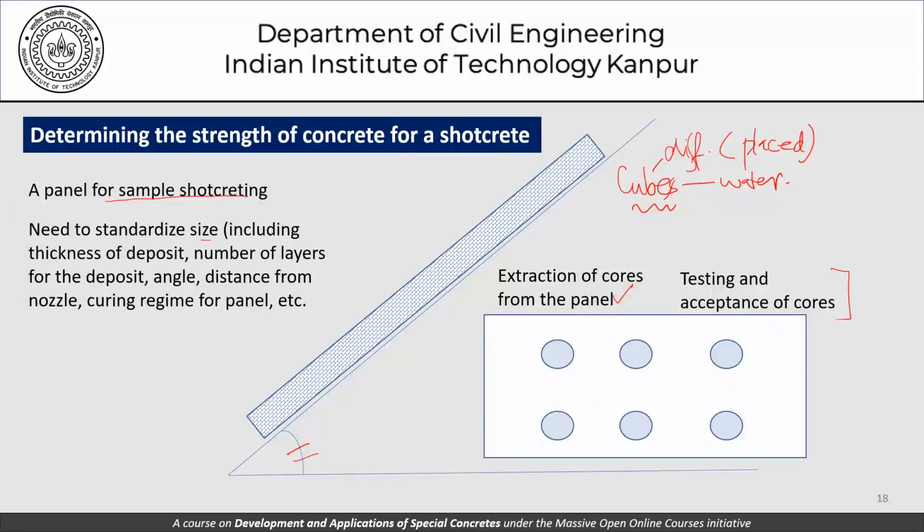And therefore, when we interpret the strength of these cubes and try to compare it with the strength of concrete in the actual structure, the kind of considerations that will apply in this discussion, are they the same when we are talking about the strength from the core that we get here, which is extracted from this panel which has been prepared?